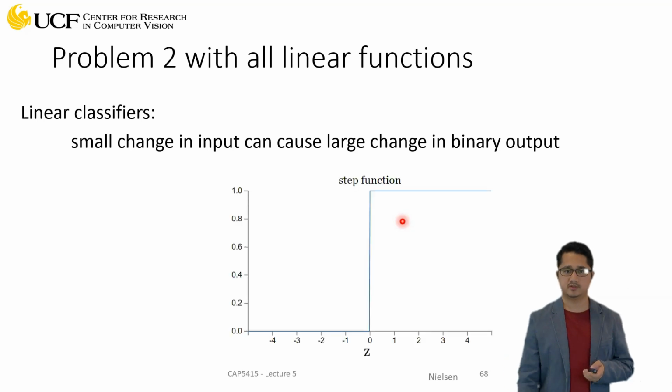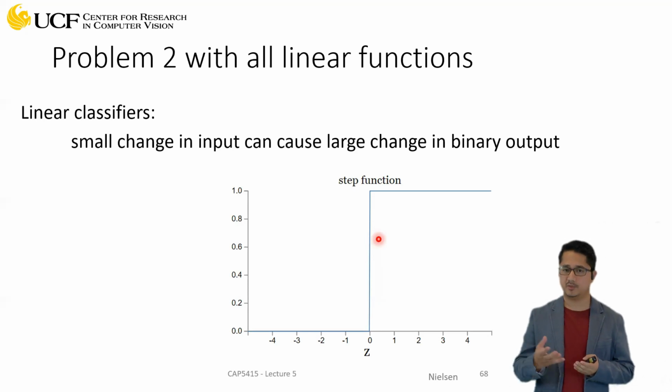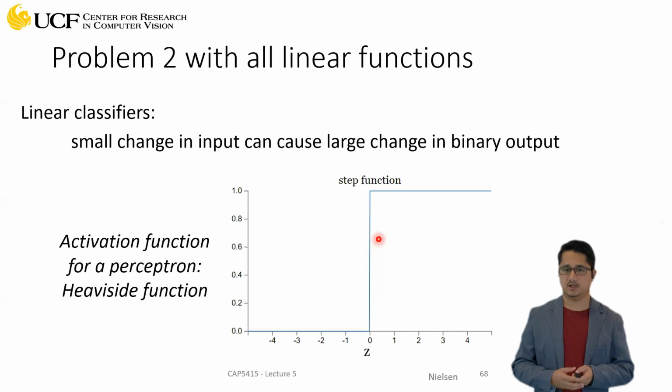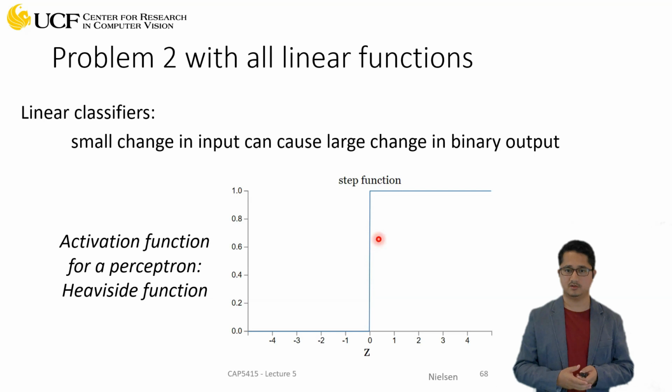But in a neural network, usually what happens is if you change your input by a very small amount, you might see a very high response in your output. And that could be due to maybe the weights you have in your network, right? And the kind of step function you're using maybe as activation, right?